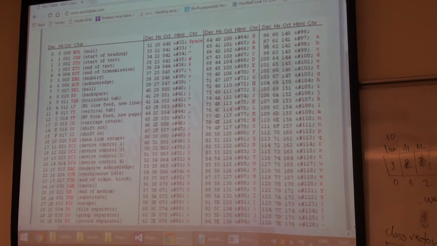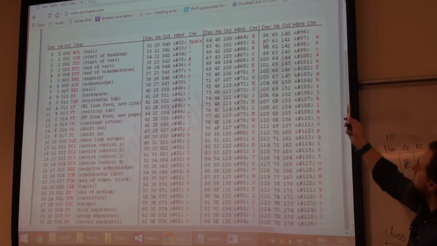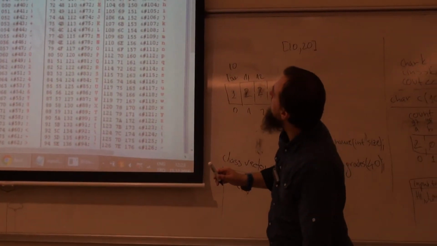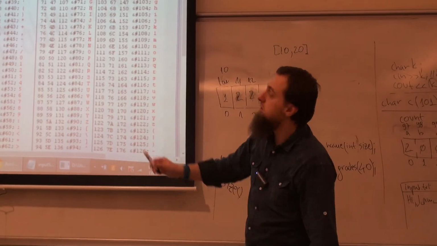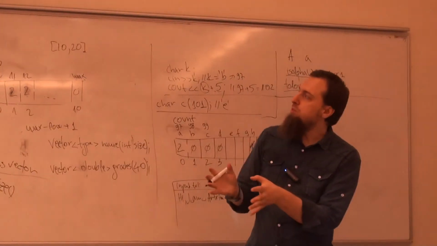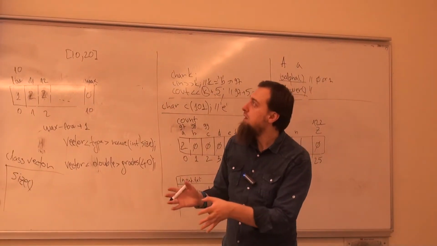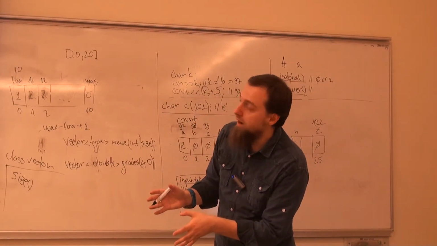Now let's say that I have an occurrence of B or C. So value of C is 99, as you can see. If C occurs, its corresponding ASCII value, that's in decimal, is 99.